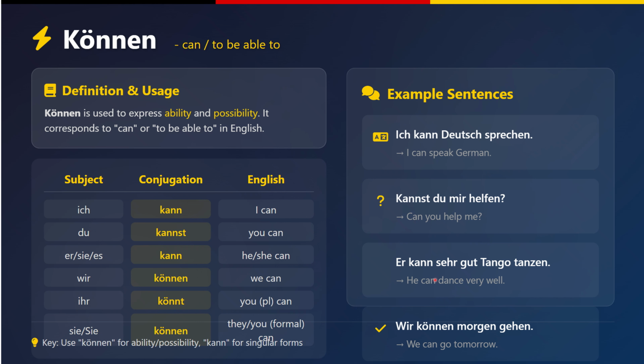It means he can dance very well. Wir können morgen gehen. It means we can go tomorrow. The key is to remember the vowel change in the singular, that is kann or kannst, and that the main verb always stays in the infinitive at the end. Können is perfect when talking about skills or what is possible.